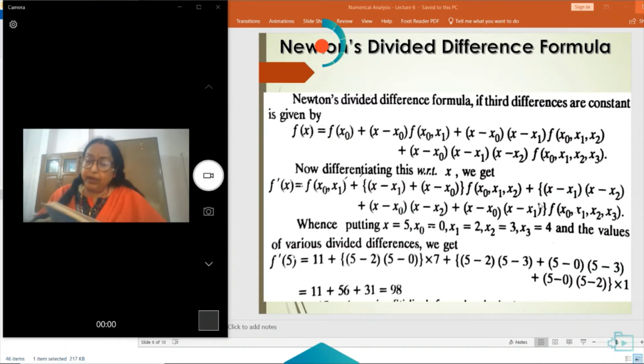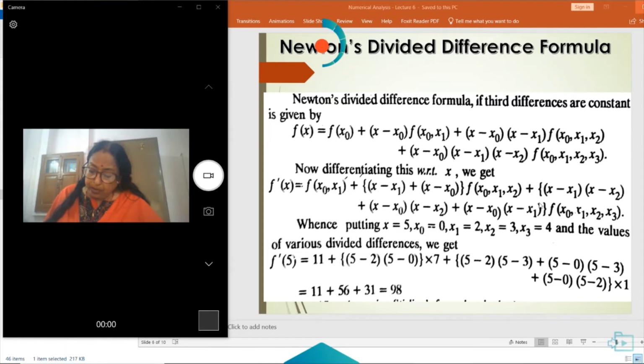So now, to find the differentiation, f dash x, you should differentiate this function with respect to x. When differentiating, we'll get these values as seen on your screen.